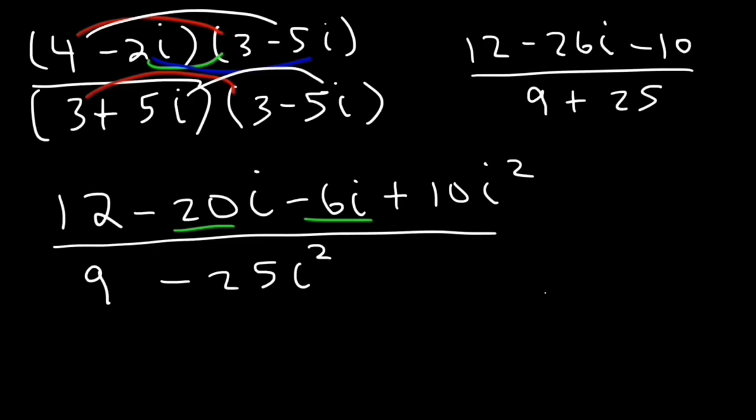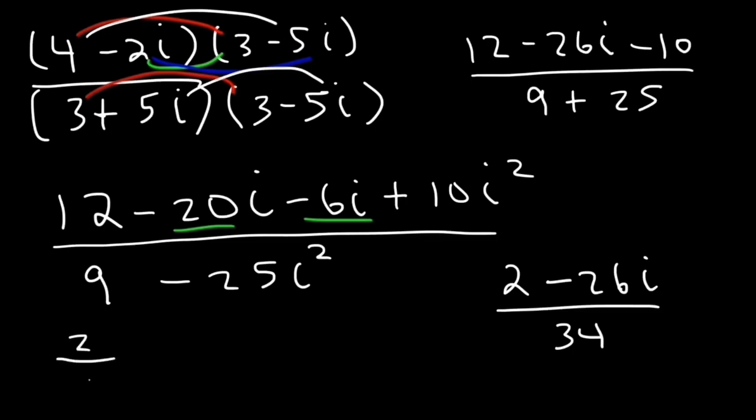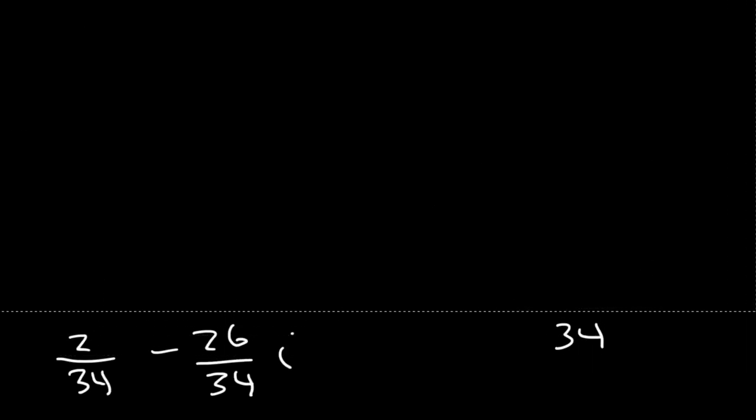Because i squared is -1, we'll have 9 plus 25 there, then it would be 2 minus 26i over 34. So into a plus bi, I will have 2 over 34 minus 26 over 34 i.